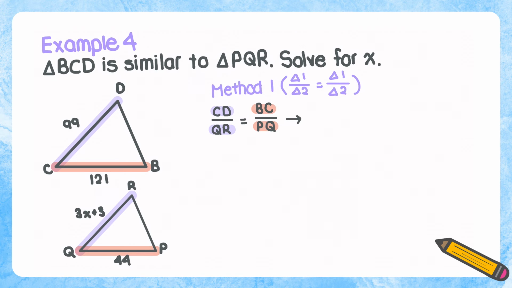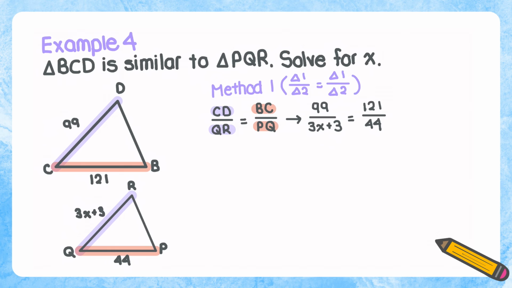And we're given some side lengths, so let's fill in that information. 99 over 3x plus 3 equals, the side length of BC is 121. So 121 over the side length of PQ, 44.